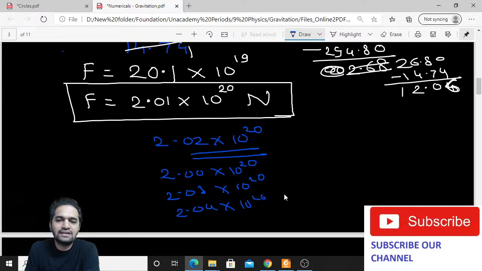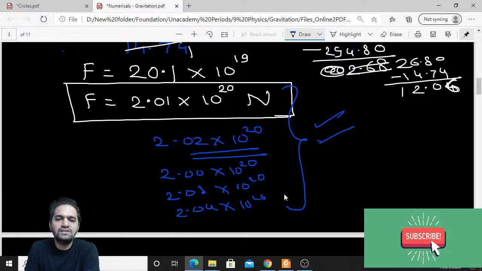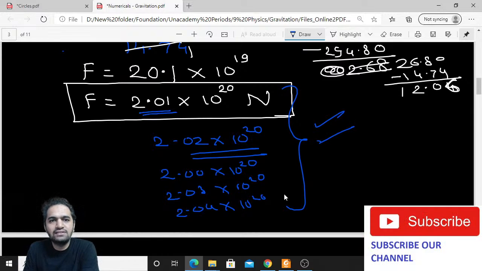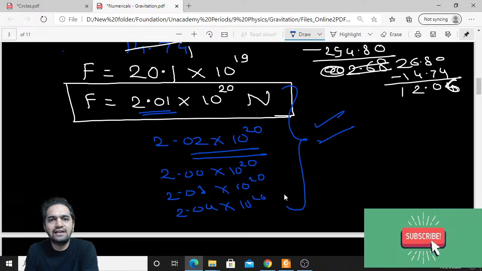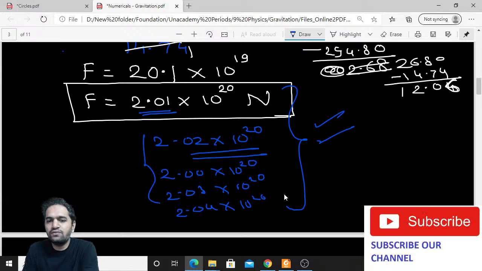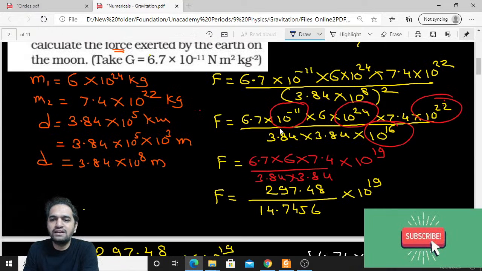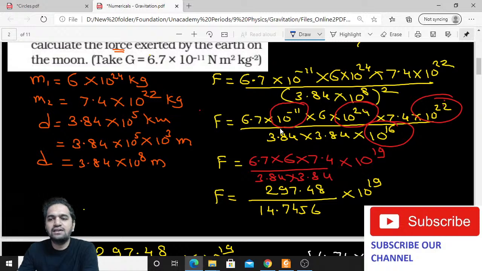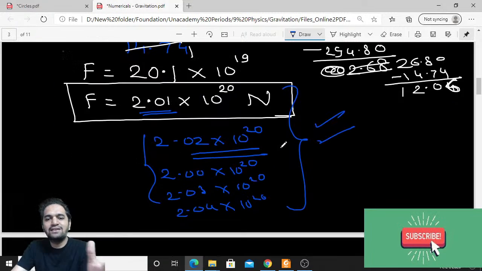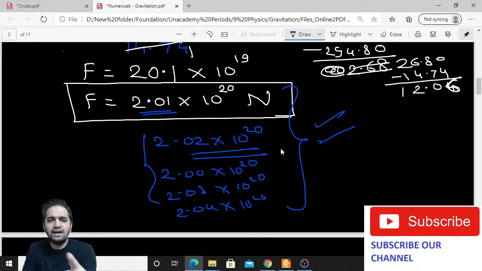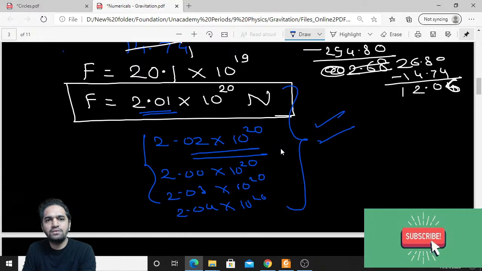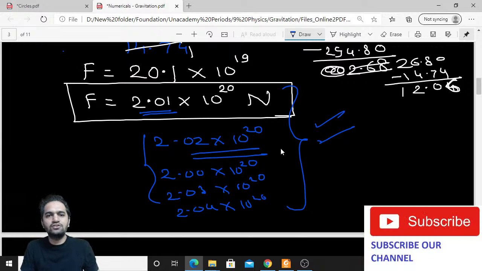All of these answers are acceptable, because of the margin of error, not exact to the decimal point, since you are working with so many decimal points. It is obvious that some inaccuracy will be there. But technically, if students get any of these values, marks will be given. Fine. So the final answer is coming out as 2.01 into 10 to the power 20.